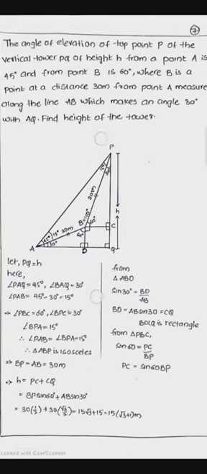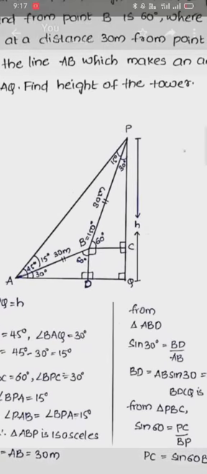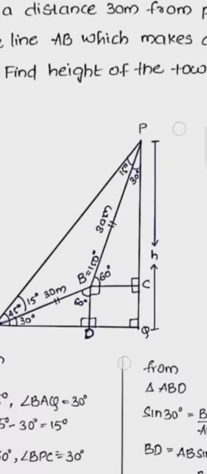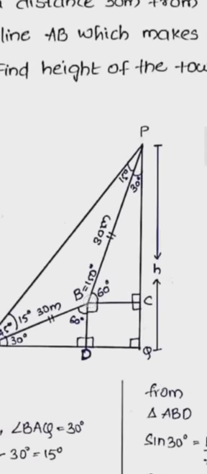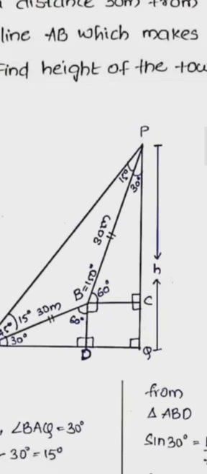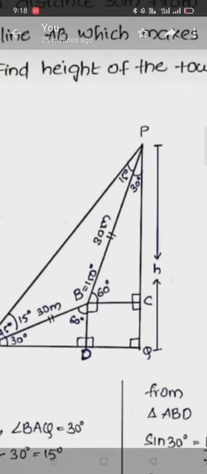Now we have successfully found the value of CQ in terms of BD. Now we are trying to find the other partition, CP. So we have to observe this triangle BCP. Here the elevation is 60 degrees, so here also we use the sine of the elevation.